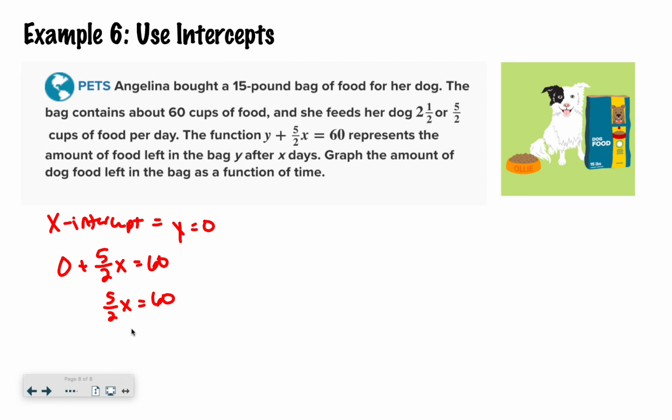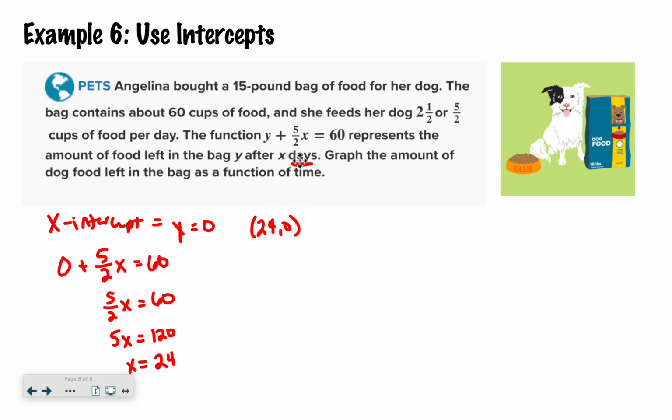If I were to solve that, I could multiply this 2 over to the other side. So I'd have 5x = 120. And then divide both sides by 5. 120 divided by 5 would be 24. Okay, so my x-intercept would be (24, 0).